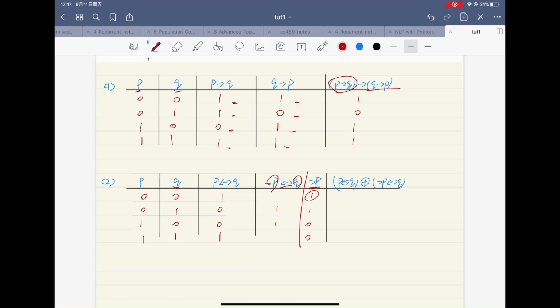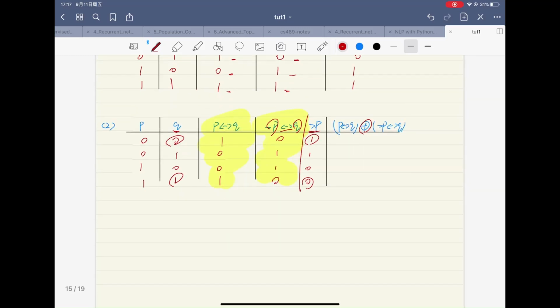If they are different or opposite, they are false. Right. Then we need this column and this column. Is XOR.